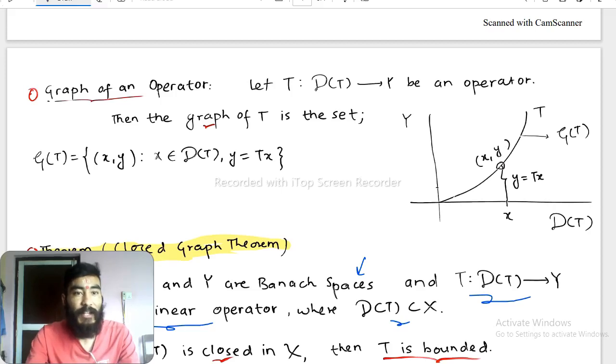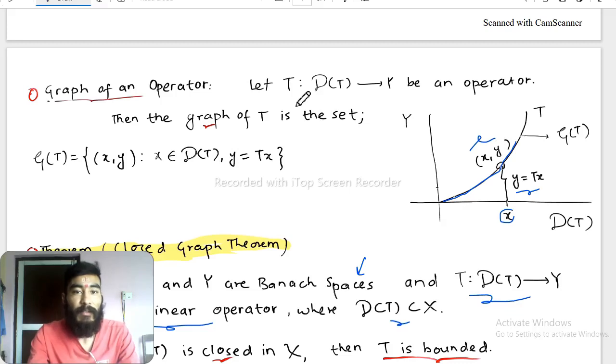First let us define the graph of an operator. The graph of an operator is the generalization of the graph of a function on the plane. On the plane, if this is the function, then this is the graph of the function, which is nothing but the set of ordered pairs (x, y), where x is an element of the domain and y is the image of x.